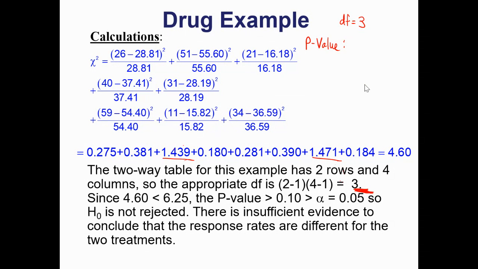So if you look at the table under 3 degrees of freedom, you would get that the p-value would have to be between 0.20 and 0.25. So this is all you get with the table.